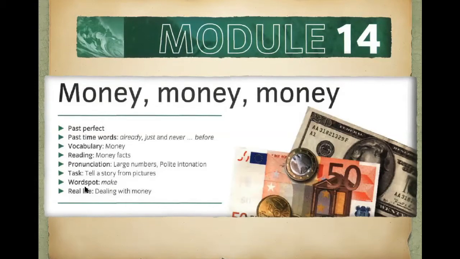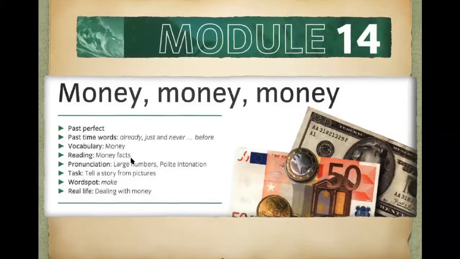Here we are going to check the past perfect tense, and past time words like already, just, never, and before. The vocabulary for this module is money. The reading is money facts.